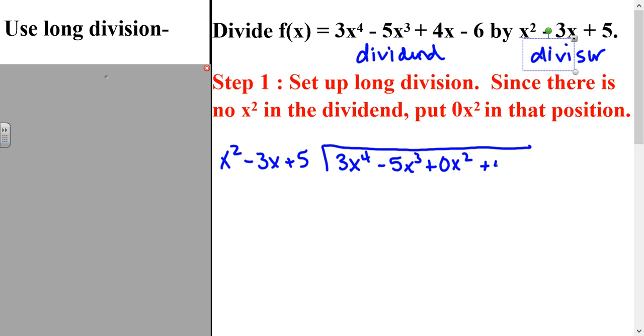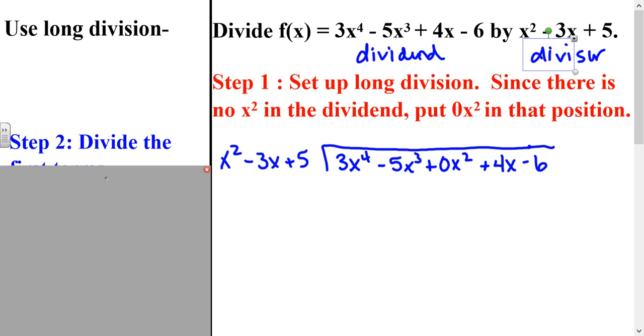And then plus 4x minus 6. So the important thing to remember is whatever goes underneath your division symbol, that's the one that you need to put zeros in for if anything's skipped. And that just helps line things up when we are going to be subtracting later, so that you can keep your like terms lined up.